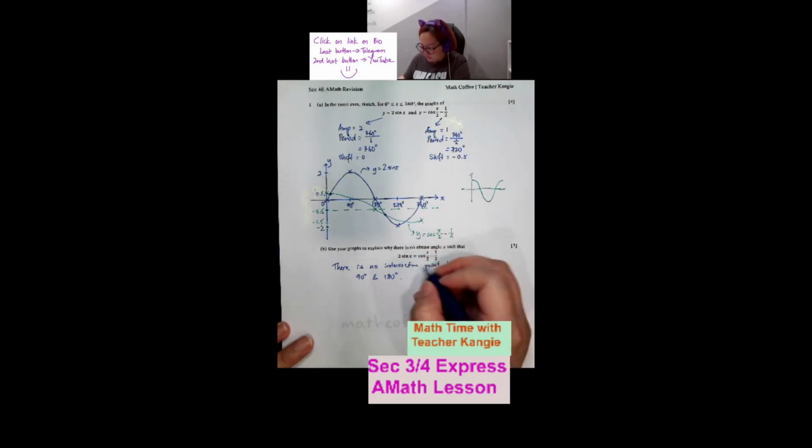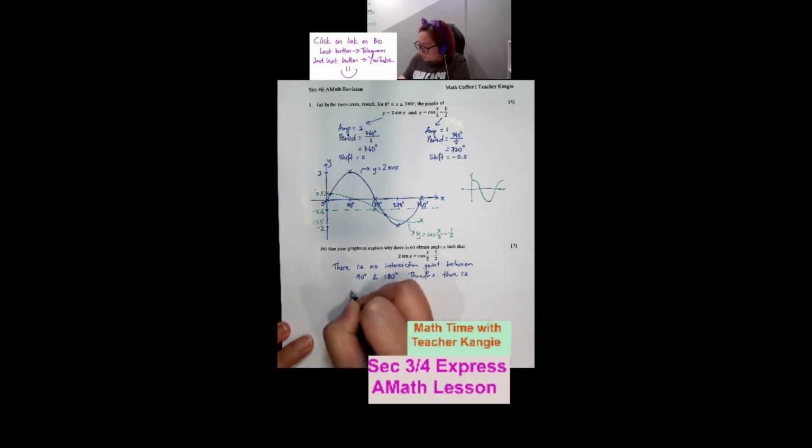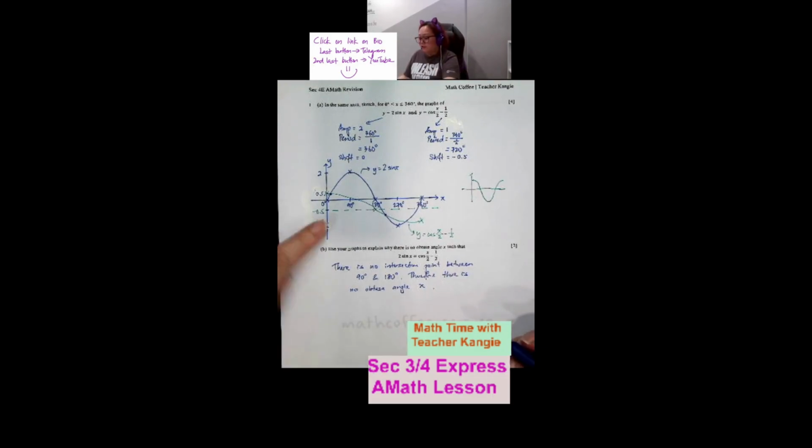Therefore, there is no obtuse angle x. Okay, for the intersection points, you can also give additional information.